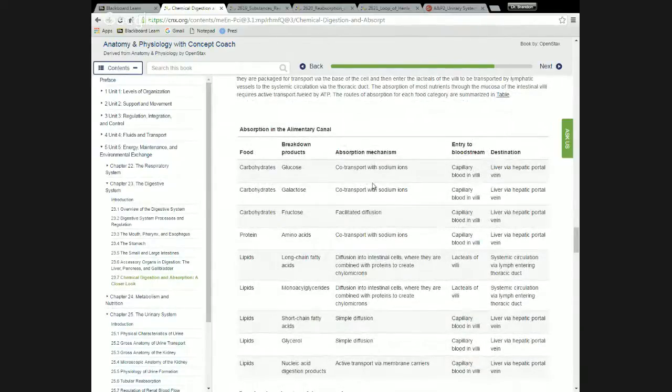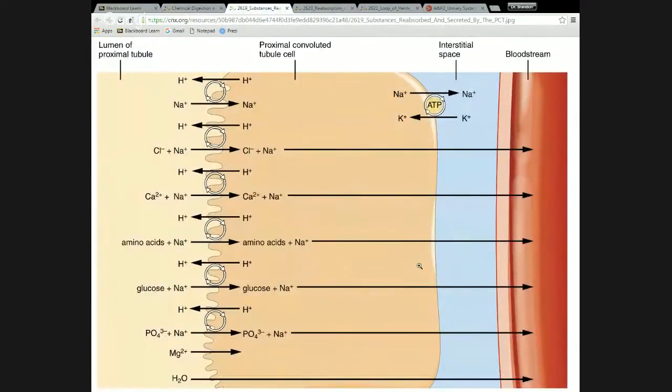Here it's saying that glucose and galactose, which is very similar, are co-transported with sodium ions, and amino acids are co-transported with sodium ions. That's the exact same thing. In the lining of your intestines, a sodium-potassium pump sets up a sodium gradient. And as sodium comes in from the lumen of your digestive tract, it pulls with it the nutrient molecules like amino acids and glucose.